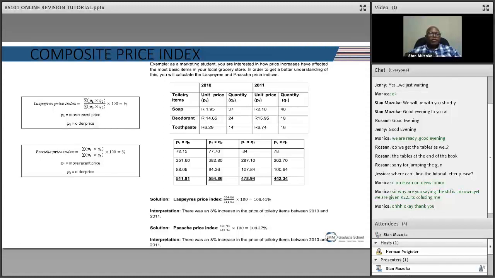The Laspeyres price index will use quantities in the base year as weights, and the Paasche price index will use quantities in the current year as weights. Those tables show you how each one is calculated, summed up, and we do the divisions, and then we do our interpretations.